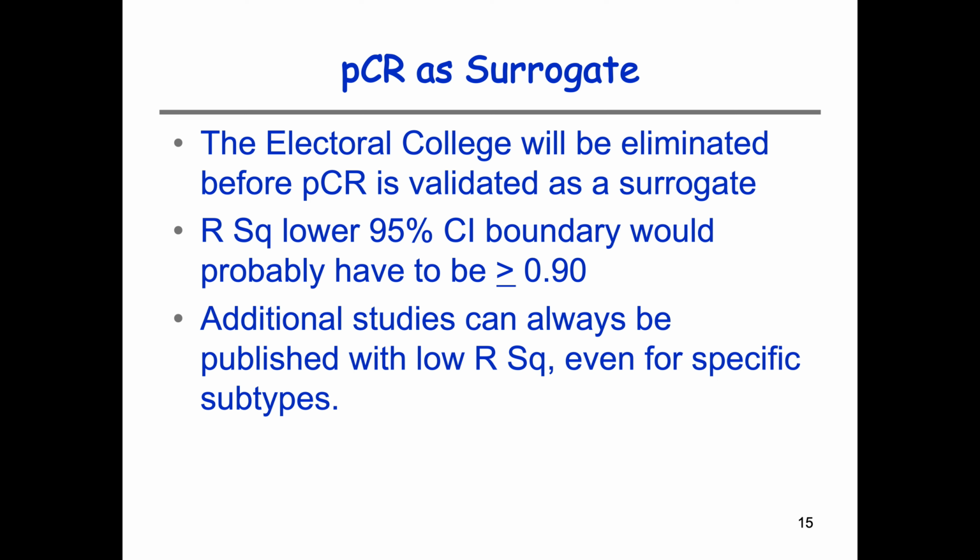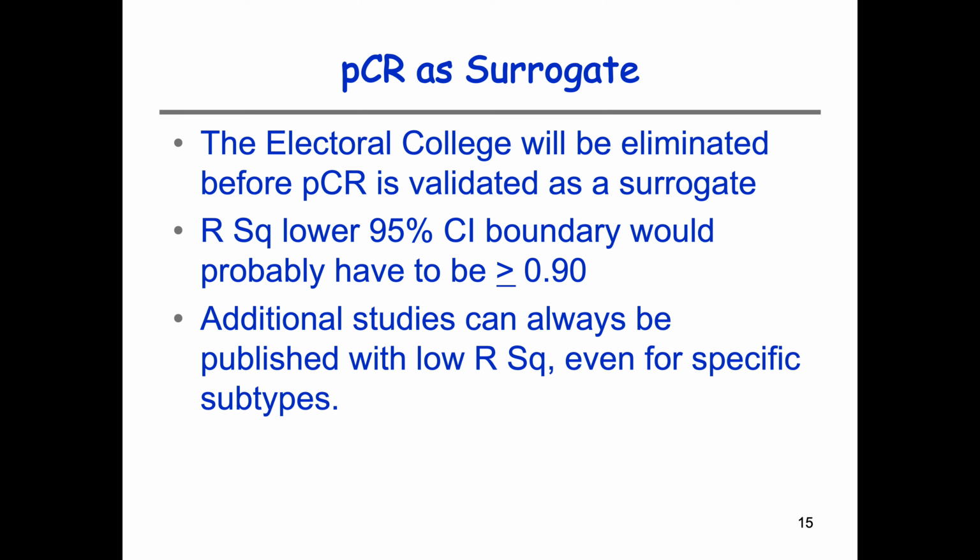But additional studies can always be published with a low R-square, even for specific subtypes, so that if a researcher were to show 8 trials and the R-square is above 0.90, then another person can come along and say, well, some of those trials had different eligibility requirements, they need to be thrown out.